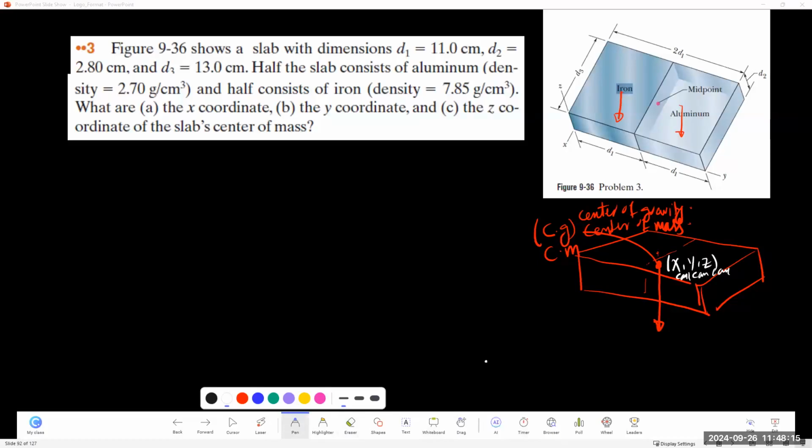Now the issue is that masses are not given directly. But we know that mass equals density times volume.